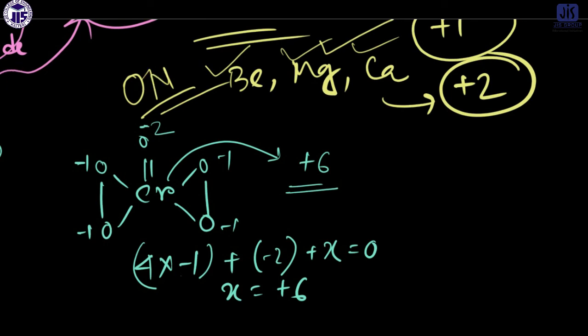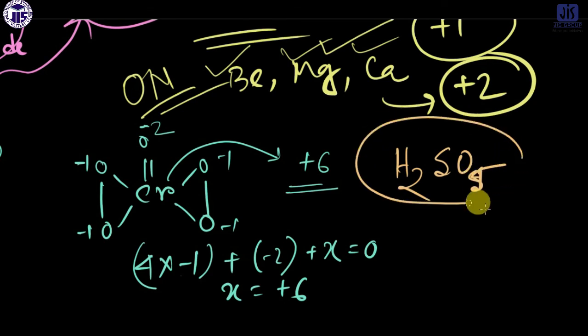I can give you some examples of such exceptional cases, which can be your home task. If you think about H2SO5, you have to find out the oxidation number of sulfur.